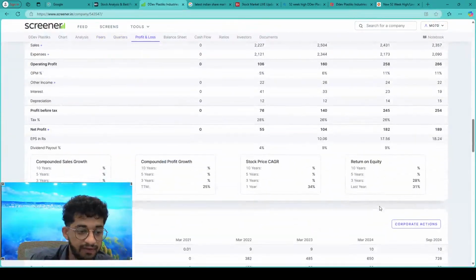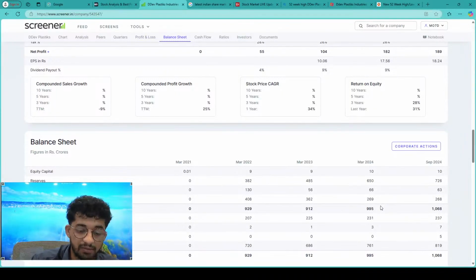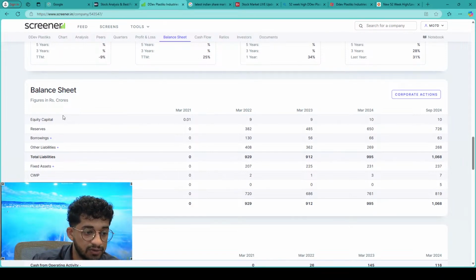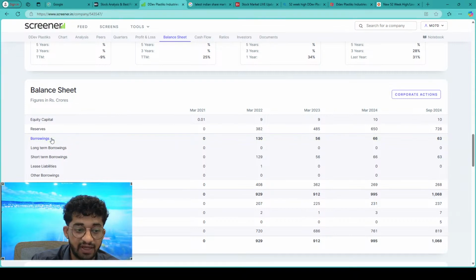When you look at the fundamentals of the company, at the balance sheet, the company is almost debt free, so they do not have any debt. That means the risk of the company is very low.